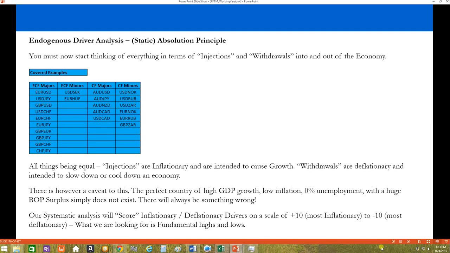And the scale we use is going to be from -10 to +10, where +10 is the most inflationary, and -10 is the most deflationary. And what we're looking for is fundamental highs and lows.